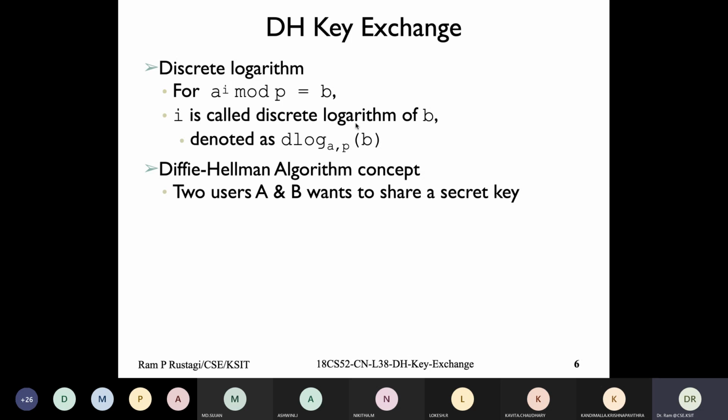The way the algorithm works, let's say two users A and B want to share a secret key.